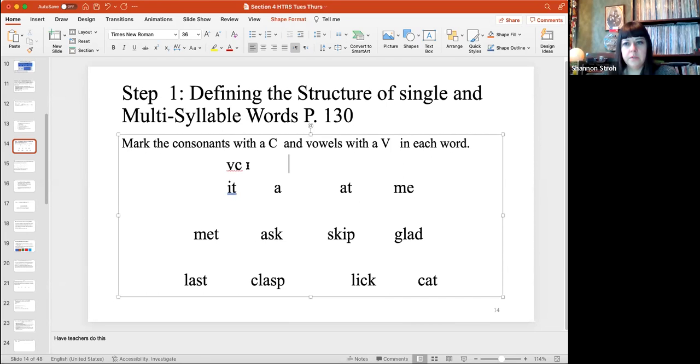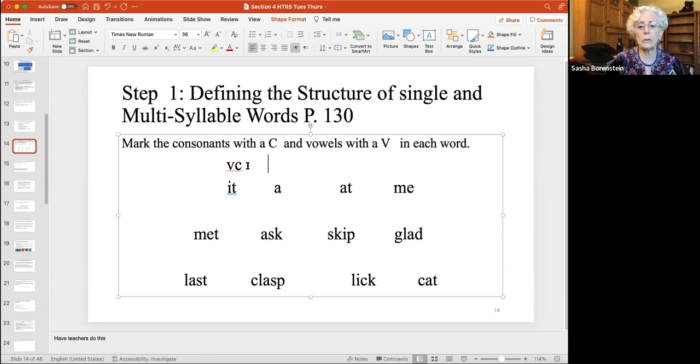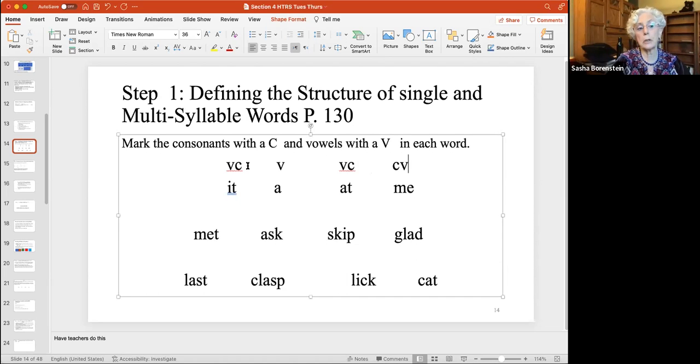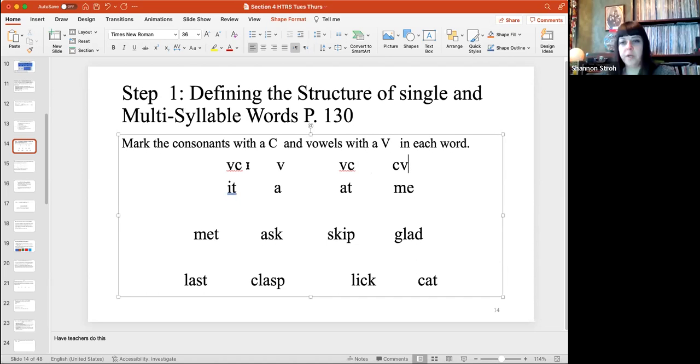Closed. I agree, because it has a single vowel followed by a consonant, and the single vowel is saying its staircase sound, correct? Yes. Okay. How about the word ME? What did you put for it? Consonant vowel. Okay. And is that an open or closed syllable? An open.